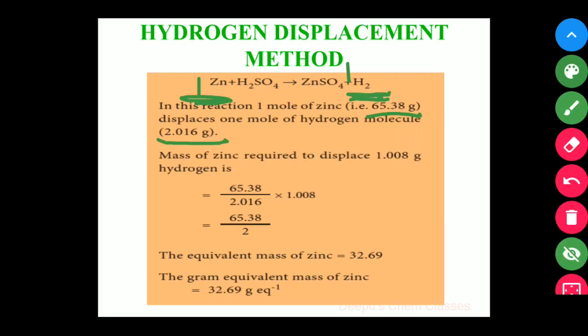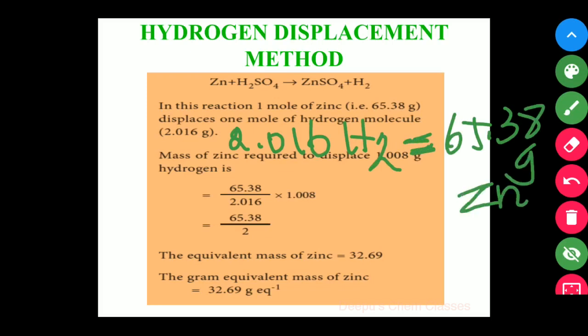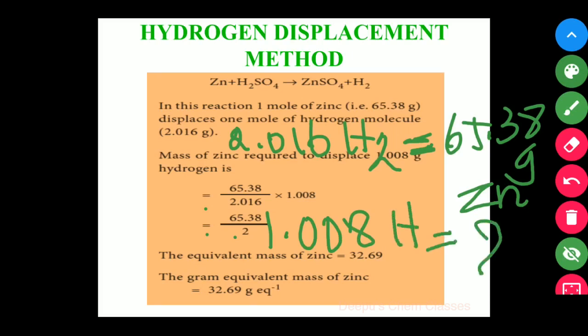Otherwise you can write it like a word problem: 2.016 gram of hydrogen is displaced by 65.38 gram of zinc, that is our 1 mole of zinc. So according to our definition, the standard 1.008 gram parts by mass of hydrogen is displaced by how much gram of zinc.